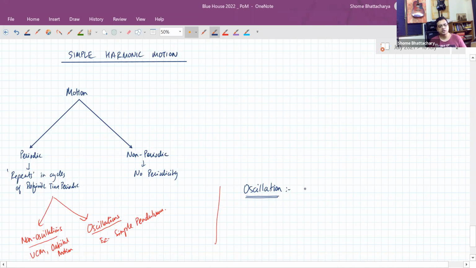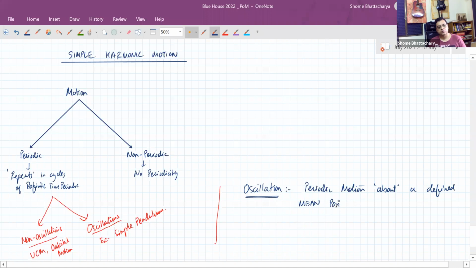So an oscillation is a periodic motion about, or with respect to, a defined mean position. You'll see in uniform circular motion, there is no mean position.